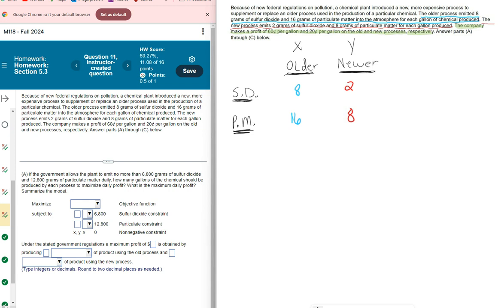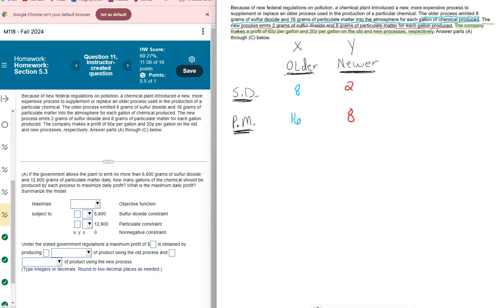And then go over and look at my math lab, and it says answer parts A through Z. If the government allows the plant to emit no more than 6,800 grams of sulfur dioxide, no more than would be less than or equal to, oh wait, that's sulfur dioxide, sorry.